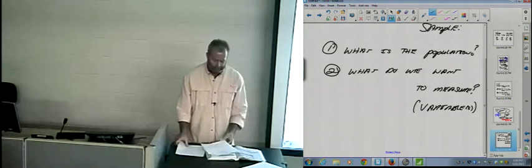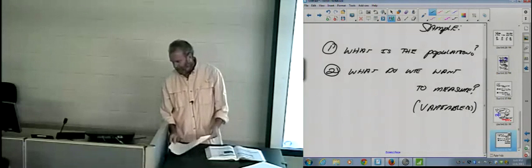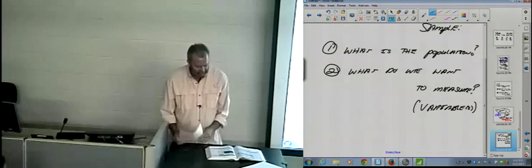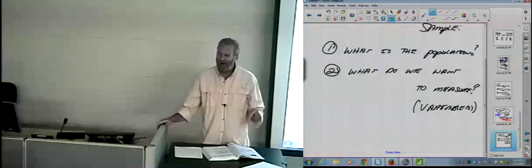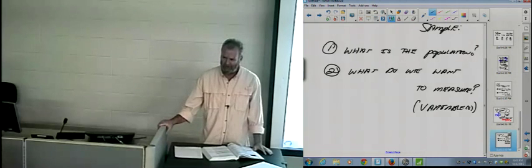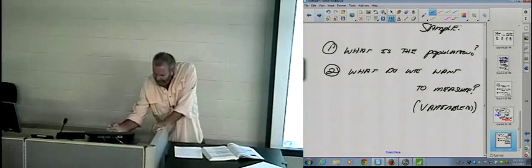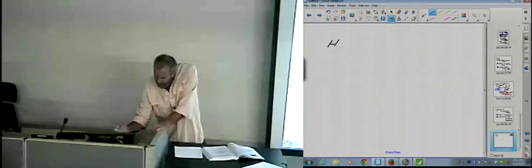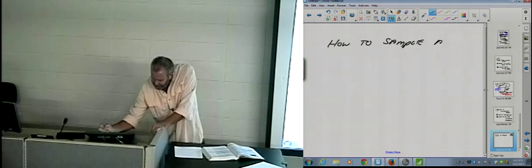Now, here's the deal. It's a little screwed up on how we attack this, but instead of showing you the right way to do it, we show you the wrong way to start with. And the first thing is how to sample badly.